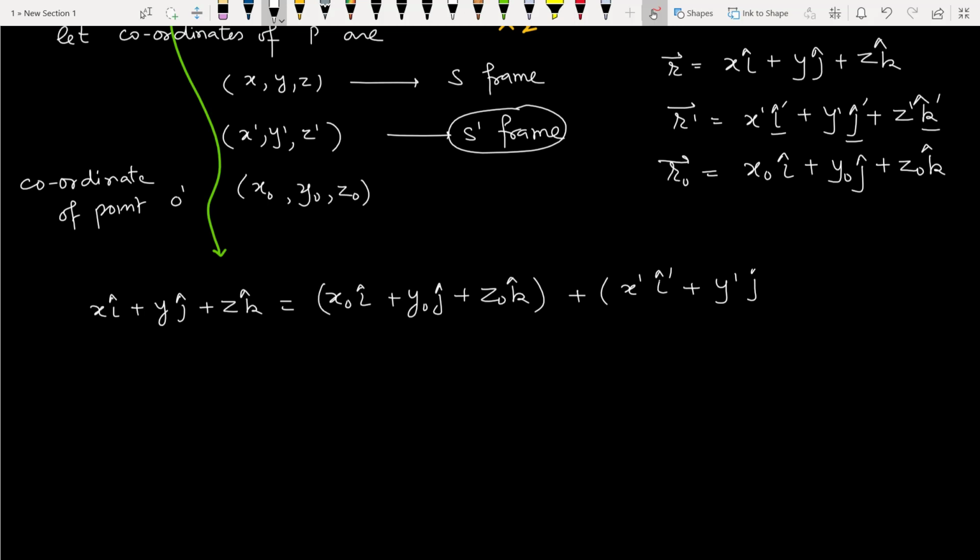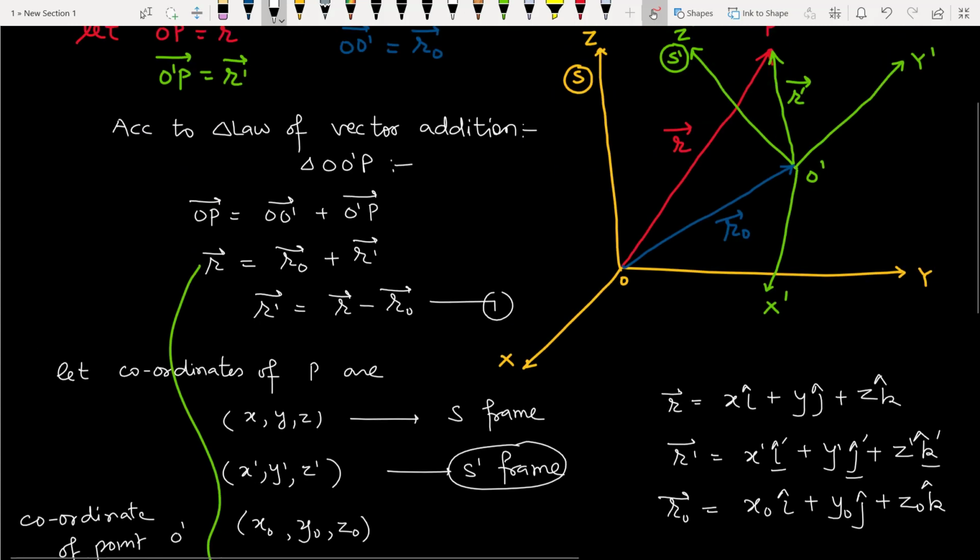y dash j dash, z dash k dash, because here i cap will be along this axis, this will be the unit vector, and sorry, this is the y axis, so this is j cap, and here j dash cap will be along this.